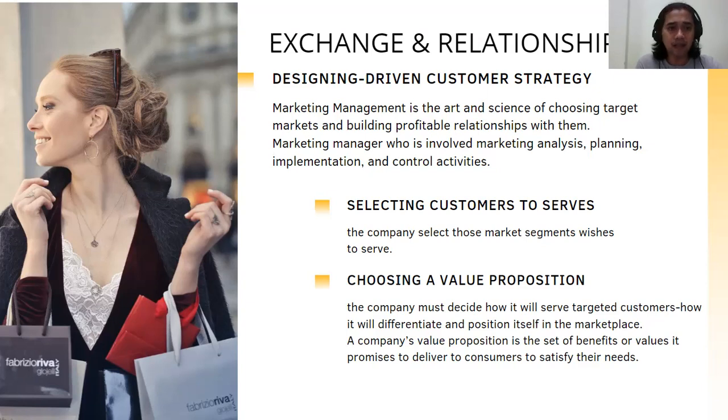So, the marketing managers should be able to design marketing activities that would fulfill its value proposition or fulfill its promise to its target market, because it's difficult if we overpromise and yet we will not be able to deliver.